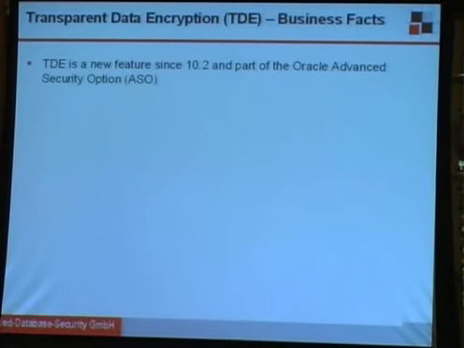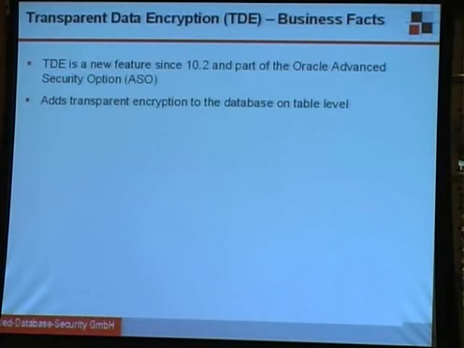Transparent data encryption is a new feature since Oracle 10G, and it's part of the advanced security option. Transparent data encryption means you can add encryption on table level. So it's possible to encrypt a table, and transparent means if you come from the top level, everything from the statement looks unencrypted, but if you read the data file itself, everything is encrypted.